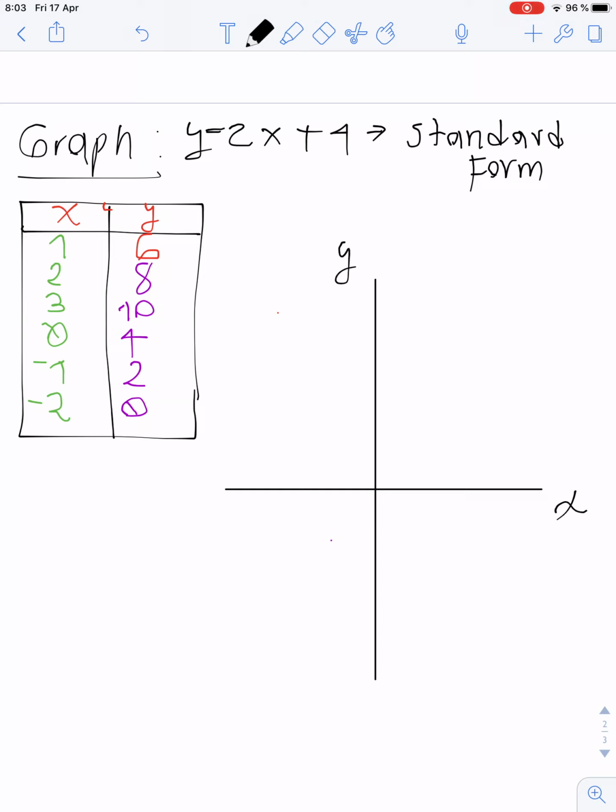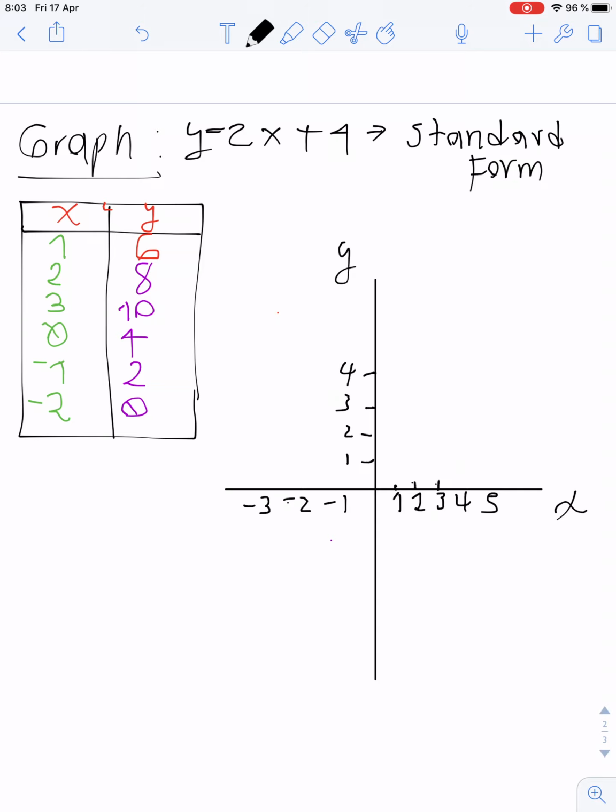Now by graphing the points, taking into account the different coordinates, we will have 1, 2, 3, 4, 5, minus 1, minus 2, minus 3 for x, and here 1, 2, 3, 4.